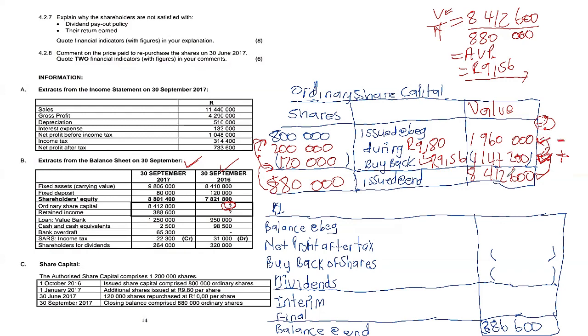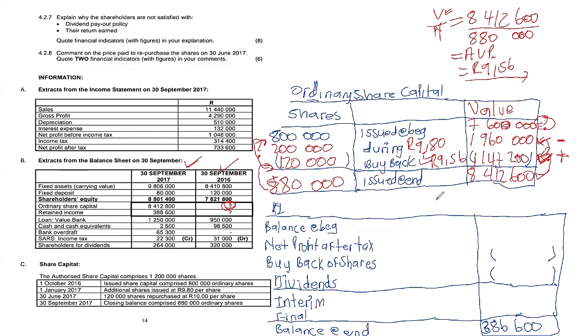So it's 8,412,600 plus 1,147,200, minus 1,960,000. So now our value at the beginning for ordinary share capital will be 7,600,000. So now you have your ordinary share capital note.